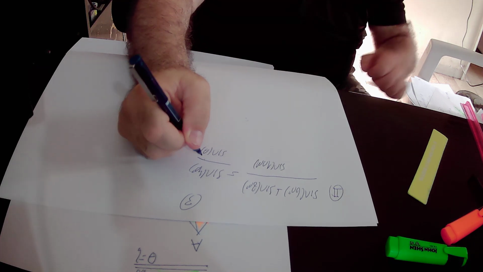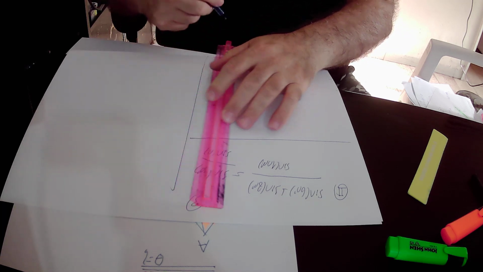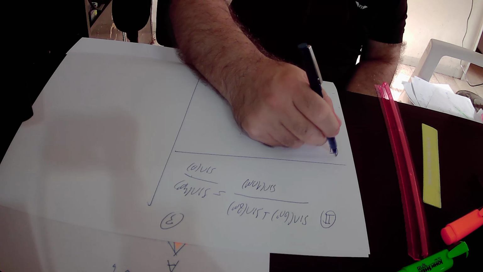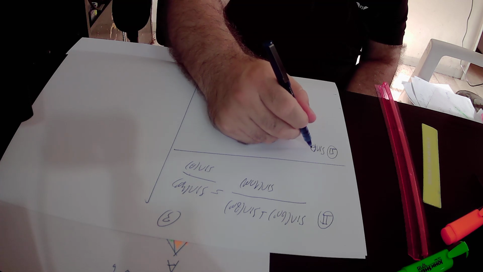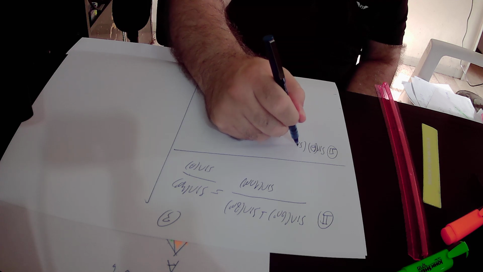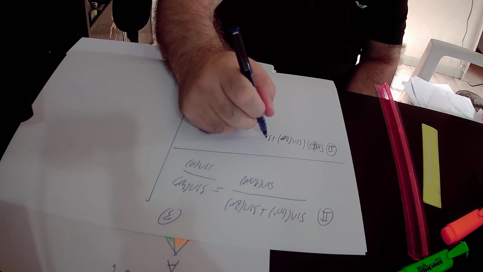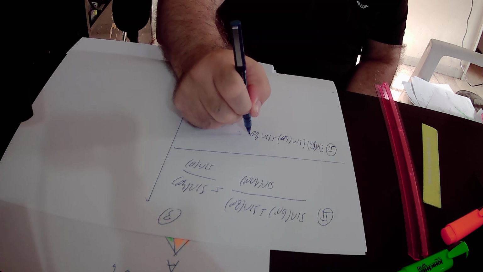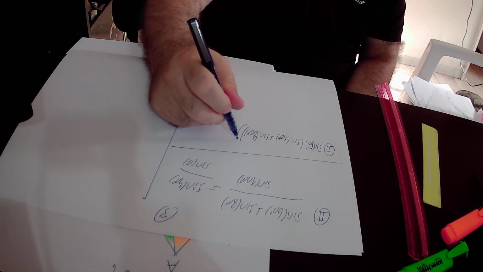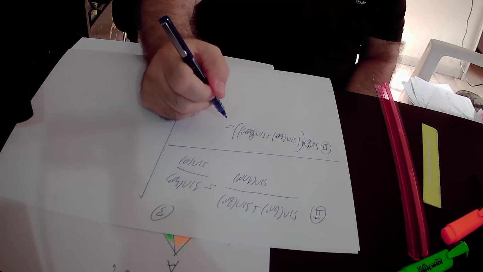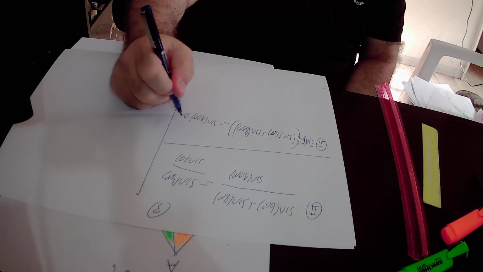Now we will cross multiply this equation, and we get that sine theta times sine 60 degrees plus sine 80 degrees equals sine 100 degrees times sine 40 degrees.